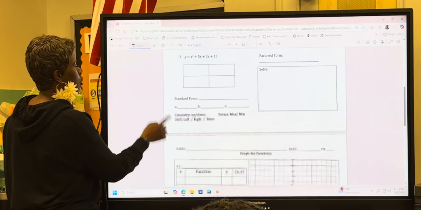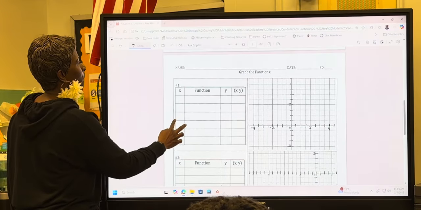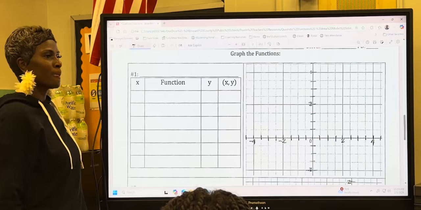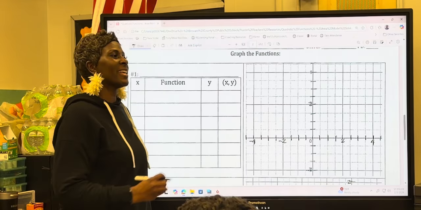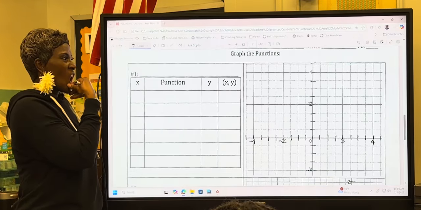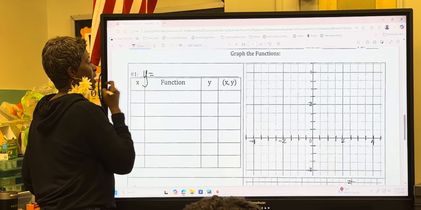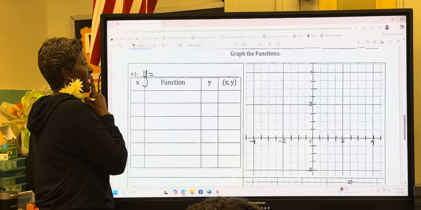Let's skip. Let's go down to, let's go on the back. What is our function? Y equals. The factor version or both. Give me both.